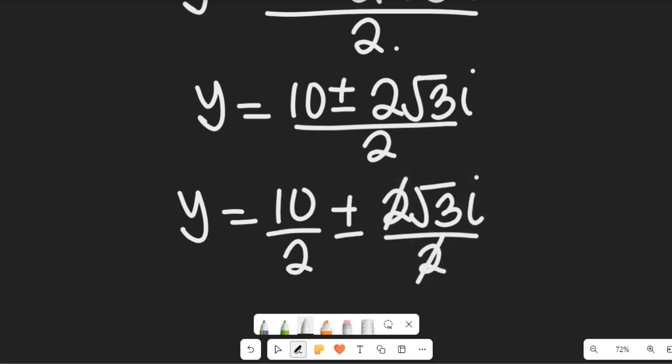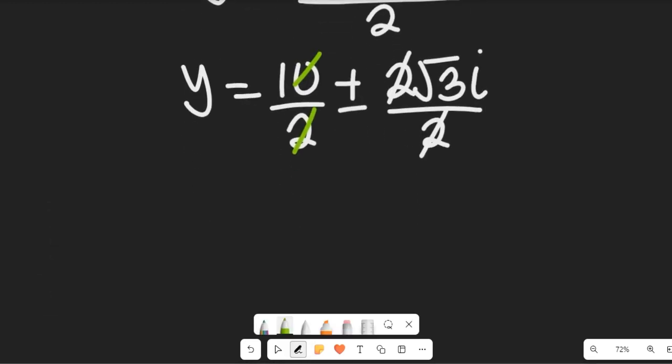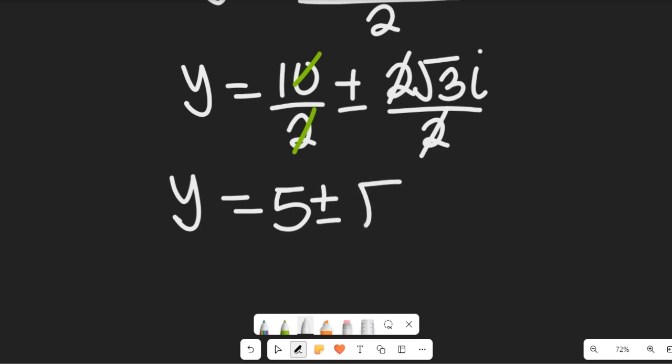So this will give us 5, and the 2s clear on the other term. So y will be equal to 5 plus or minus root 3 imaginary.